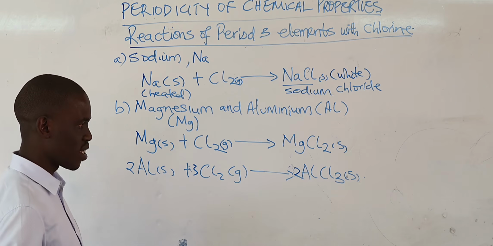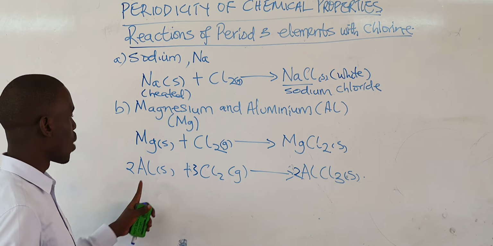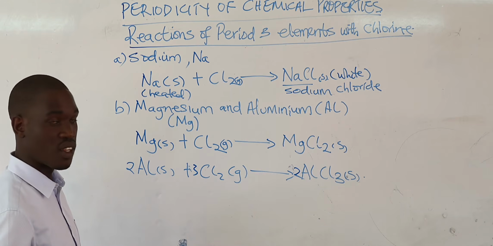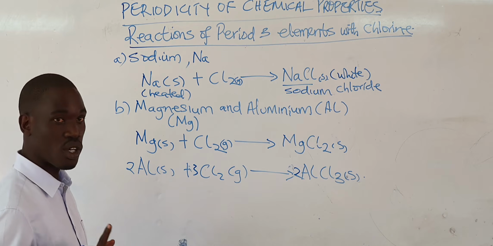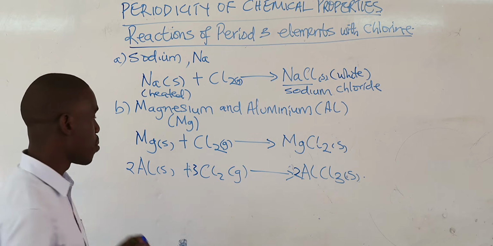But don't forget that when aluminium is heated and reacts with chlorine, it forms what we call a dimer.